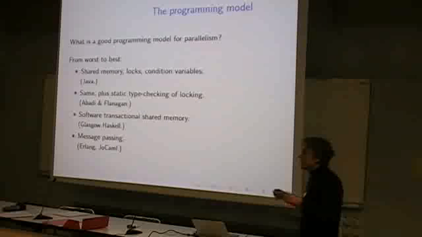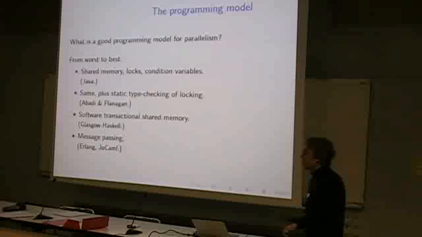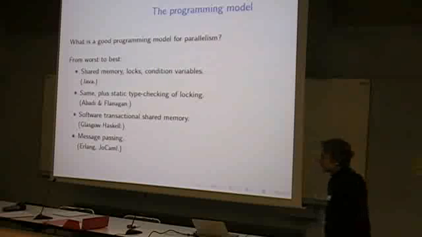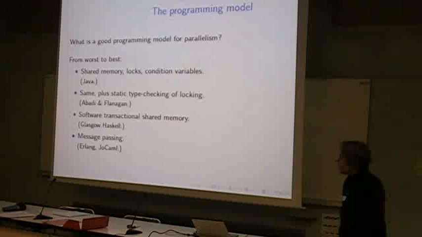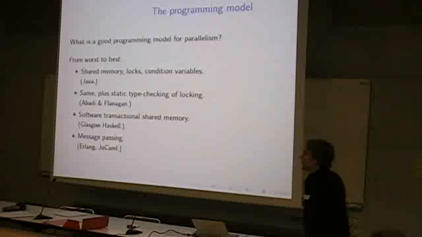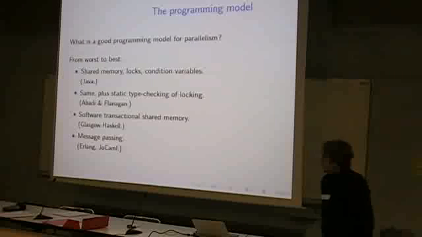If everyone sends update messages to a single process that manages the shared data structure, you have a bottleneck. So this is one scenario where message passing is not very good, and where, for instance, software transactions or shared memory work much better. So I guess that's pretty much all I can say at this point.